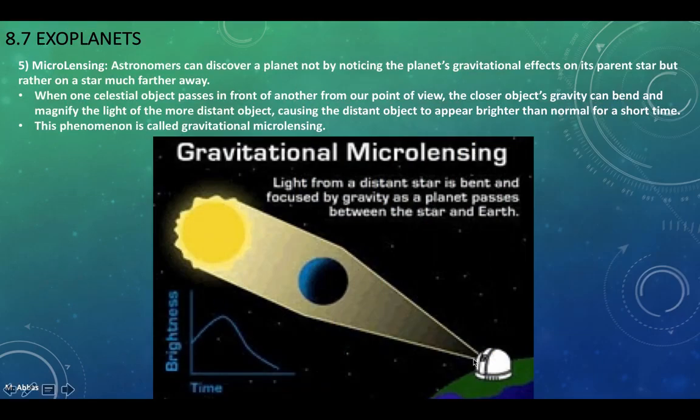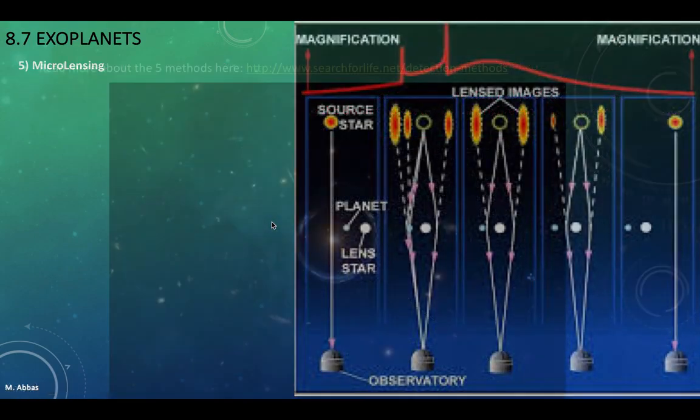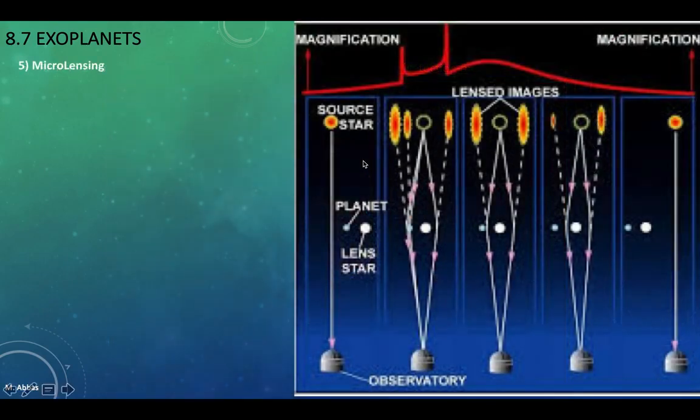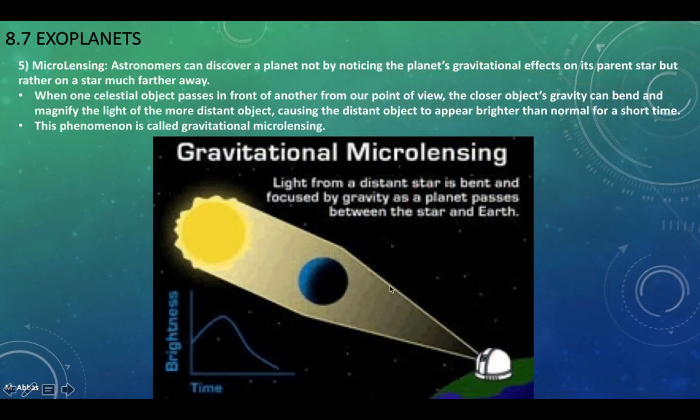Look, I'll give an example. This is a planet and this is a star. If you are looking with the telescope, this star is very far and this planet is close.